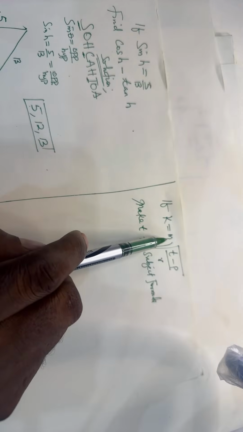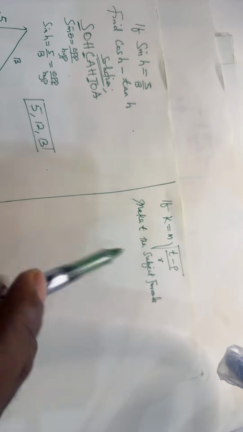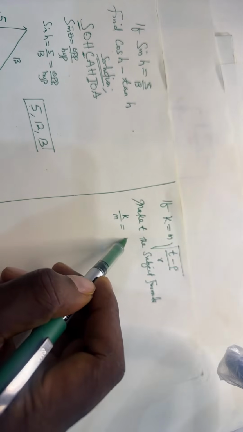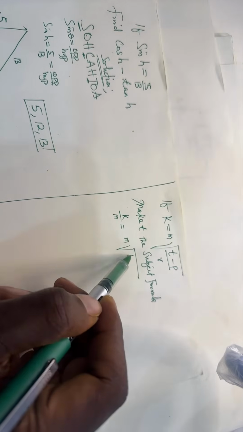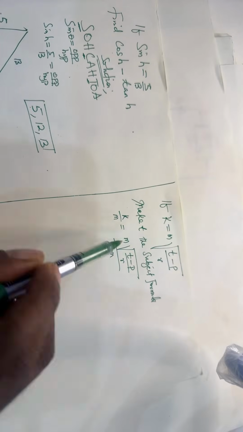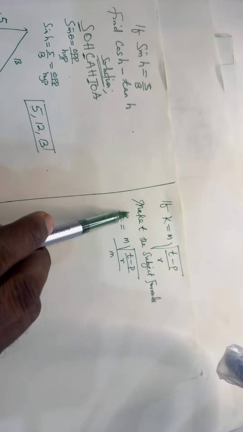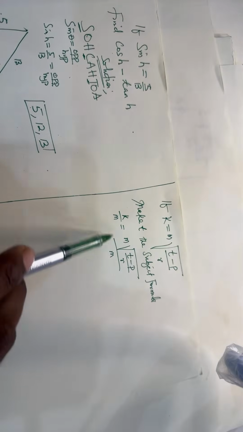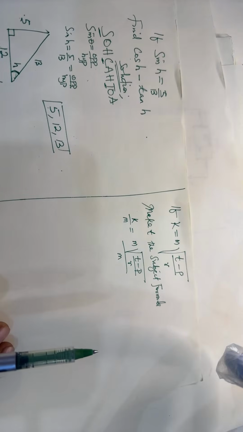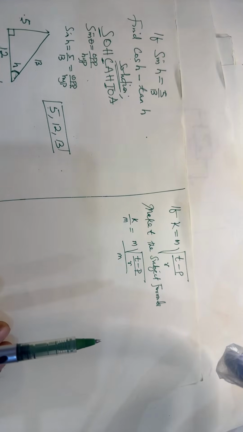The best way to remove this m is to divide both sides by m. So you can say k divided by m equals m root t minus p over r, divided by m. So more like I rewrite this question and divide both sides by m. You understand? Answer now, answer quick.